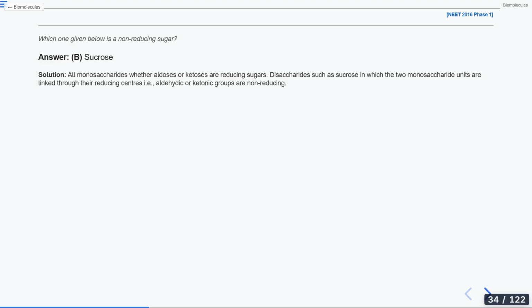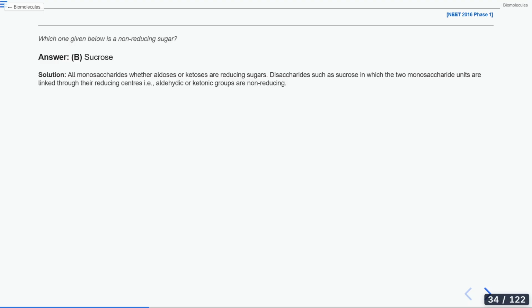Amrita is telling free OH at group 1 position. Yes, this is for the reducing thing. Whenever there is a free OH group at the first position, you will say it has a reducing nature. But my question is why do we call sucrose an invert sugar?